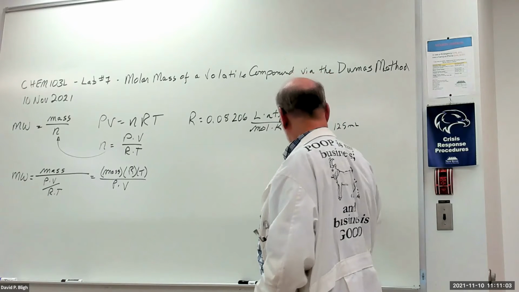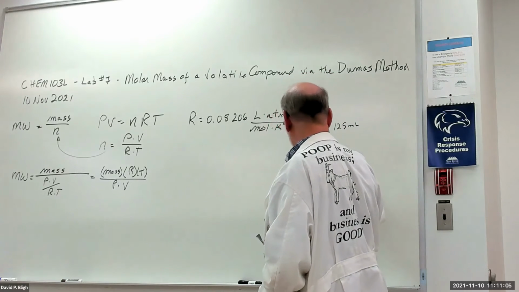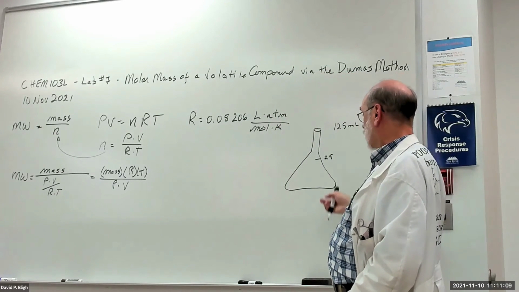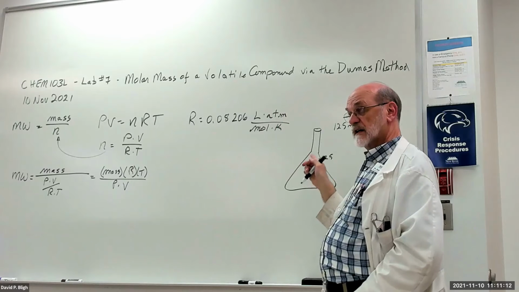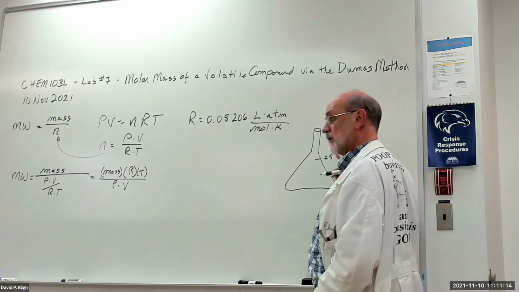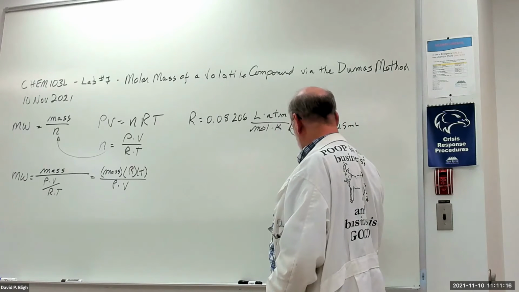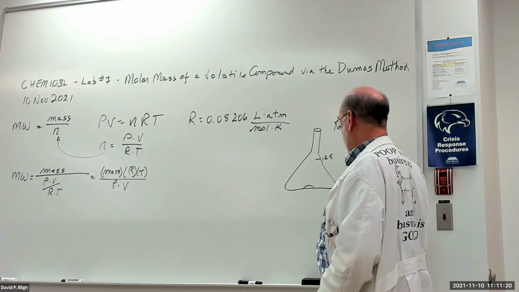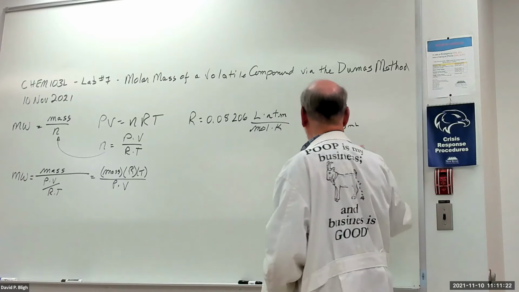But that just means there's a mark on here that says 125 milliliters. What's the actual volume of that container? Because what you're going to do is you're going to put some of that liquid in here.